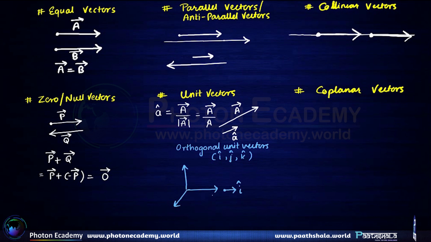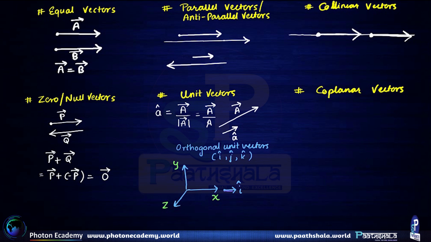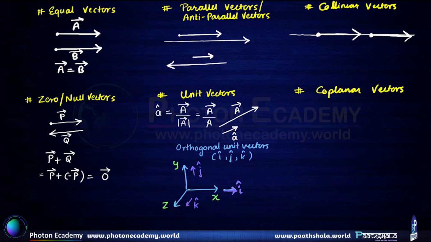So this is, let's say, the x axis. This is, let us say, the y axis. Let us say this is the z axis. I cap is a unit vector that points in the direction of the positive x axis. That's I cap. So j cap is the unit vector that points in the direction of the positive y axis, and k cap is the unit vector that points in the direction of the positive z axis.